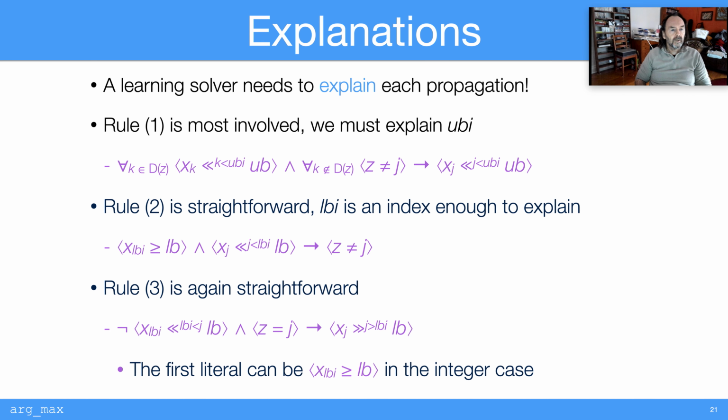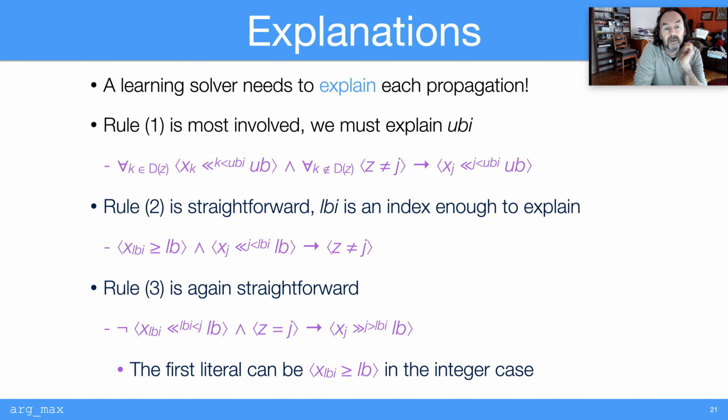But we need more than that if we're using a propagator in a learning solver. We need to be able to explain each of the propagations. And mostly these are straightforward. Rule 1 is the most involved because we have to explain where we got this UBI, the index position of the current upper bound.